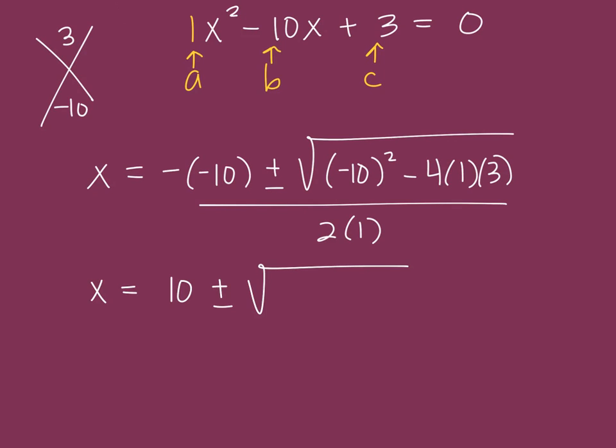Here is where I wish that I could help people get out of their own way. Okay, you're smarter than that. What does it mean to square something? Multiply it by itself. What is negative 10 times negative 10? It's 100. I don't need a calculator to tell me that. Negative 10 times negative 10 is a positive number.